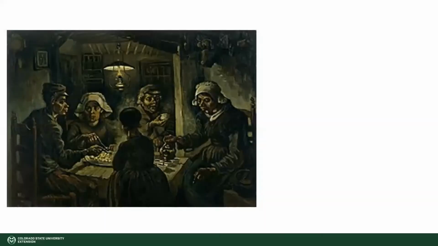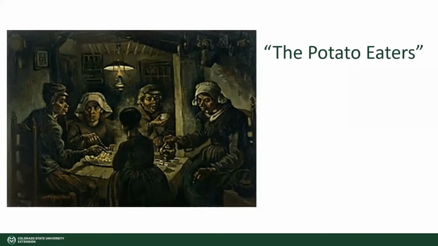This is a masterpiece called The Potato Eaters, making a reference to the Irish peasants who were eating potatoes. It's a famous painting by Vincent van Gogh, dated April 1885. I'm bringing this picture today because I'm going to show you one example of how plant pathology and plant pathogens have changed the course of humanity.